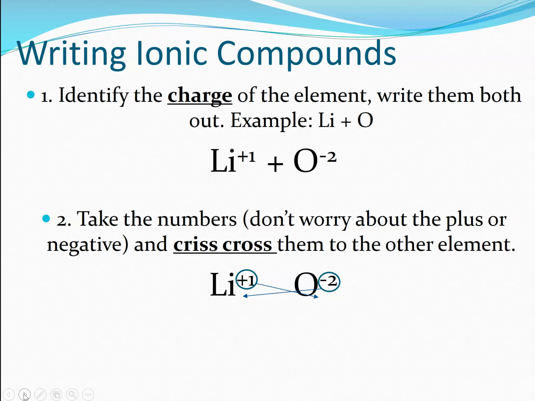Now remember this: if it is a 1, like what's going to happen to oxygen, you don't have to write it out. So when you write out this formula, it's going to look like this: Li subscript 2, and that 2 came from the oxygen, then O, and there's nothing after it. Because it was a 1, we don't have to write it out. It's automatically known that the oxygen has a 1.